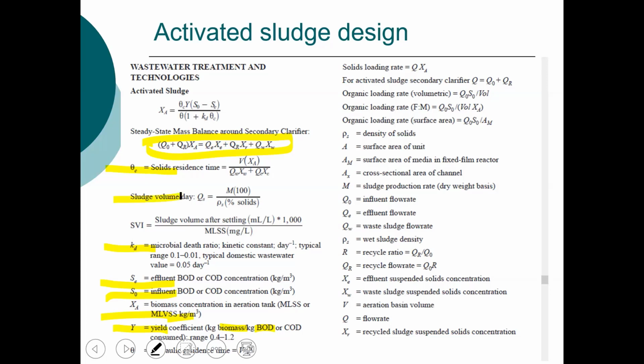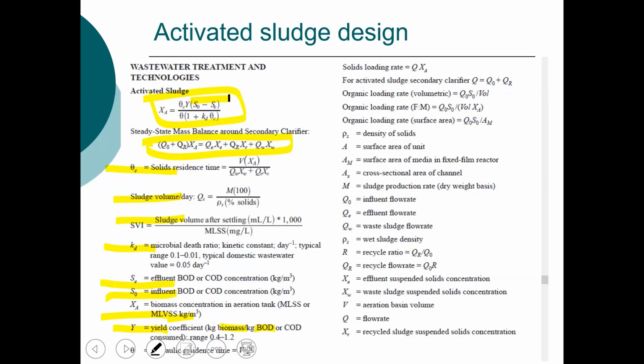We have an equation for sludge volume, and an equation for the SVI, the sludge volume index, which has to do with the settling characteristics of the sludge. And we have an equation that relates the biomass concentration in the aeration tank to the substrate consumption. Notice here, we've got S sub 0, the influent substrate concentration, minus the effluent concentration. Remember, we're looking at soluble BOD.